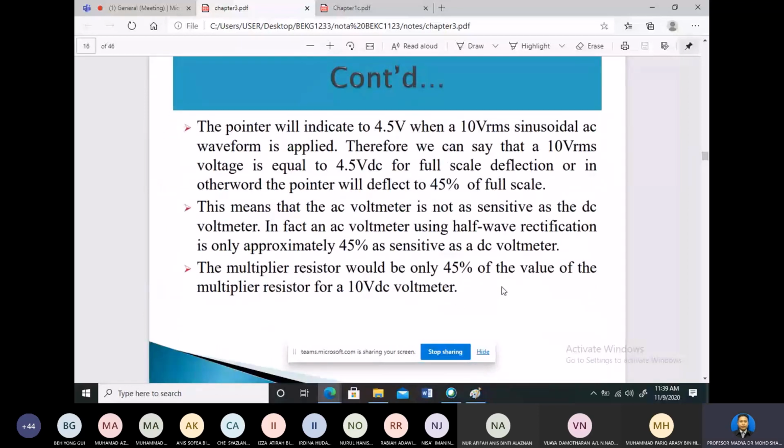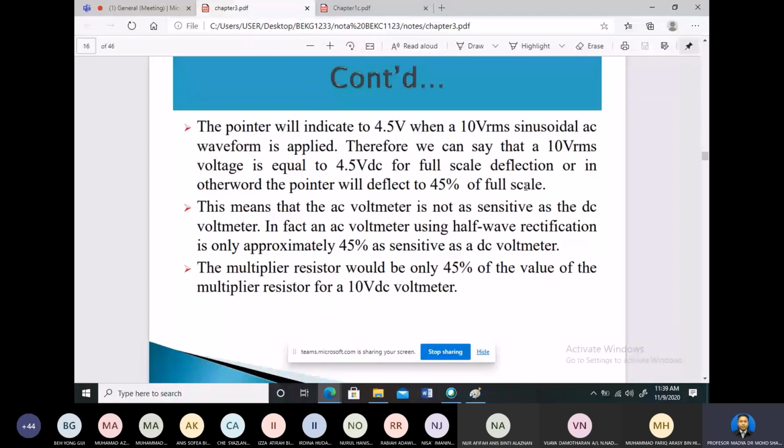So that's why the pointer indicates 4.5 when the 10 volt RMS sinusoidal AC waveform is applied. Therefore, we can say that the 10 volt RMS voltage is equal to 4.5 volt DC for the full scale deflection, or in other words, the pointer will deflect to 45% of the full scale.